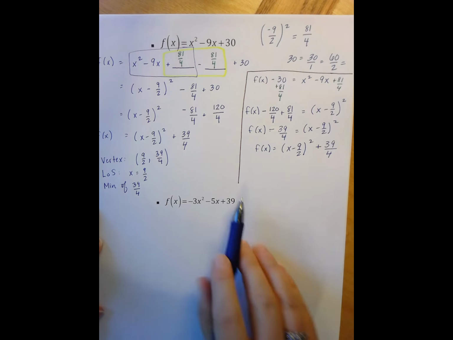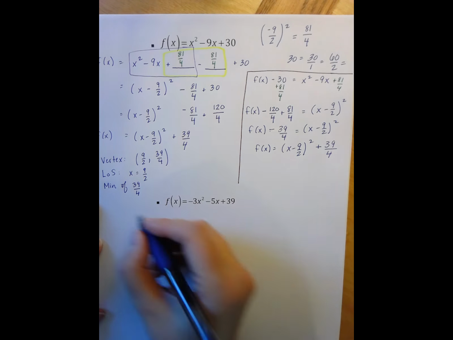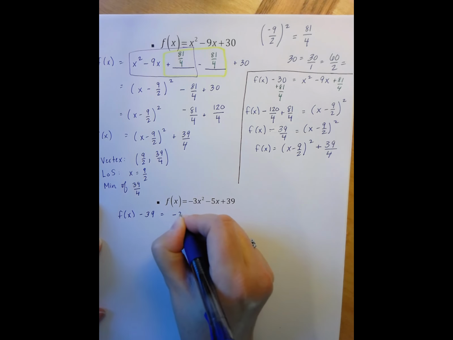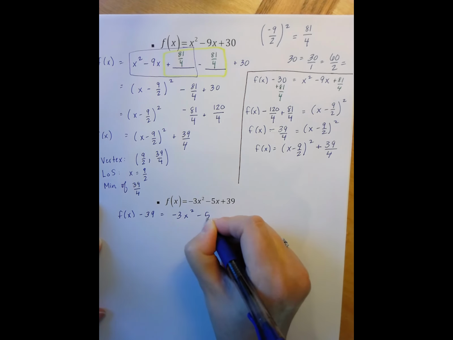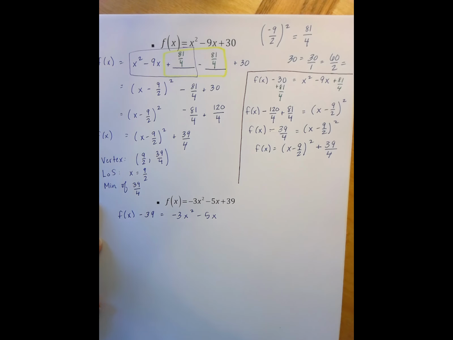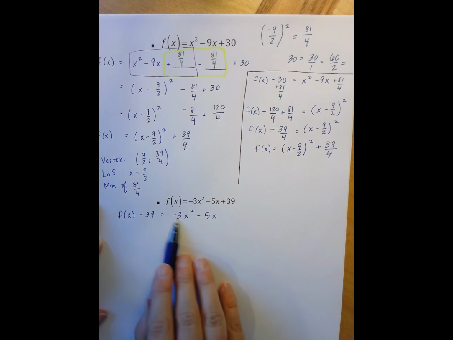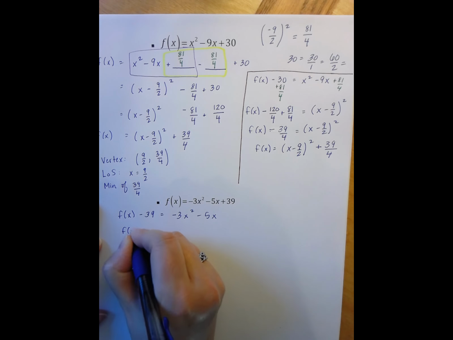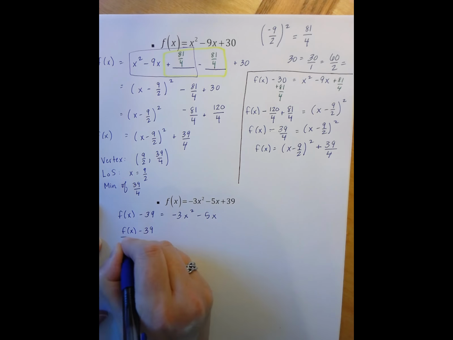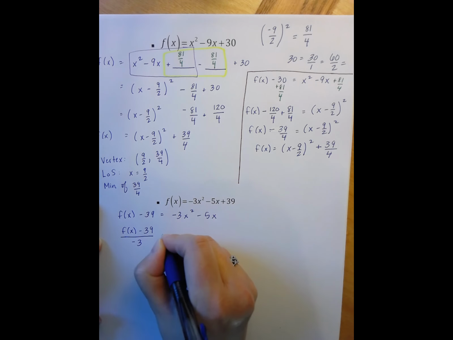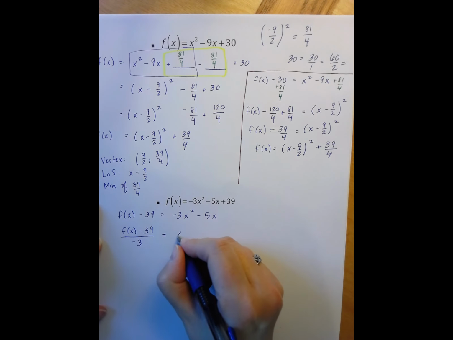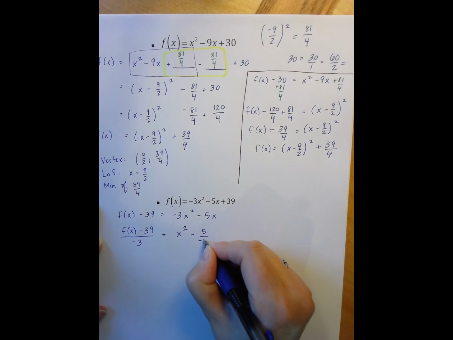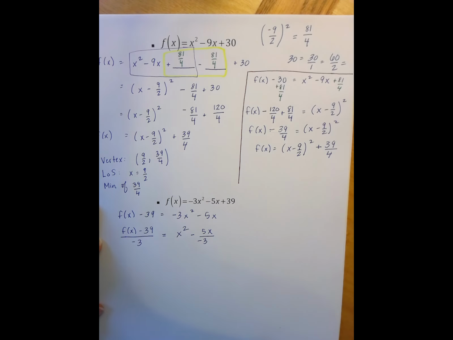So the first thing I'm going to do is move my 39 over. So I have f of x minus 39 equals negative 3x squared minus 5x. I then want my coefficient in front of my x squared to be 1, so I'm going to divide everything by negative 3. So I have f of x minus 39 divided by negative 3 equals x squared minus 5x over negative 3.